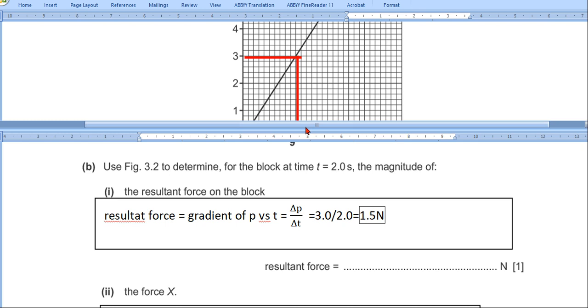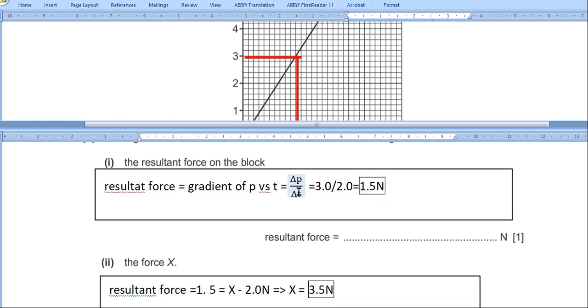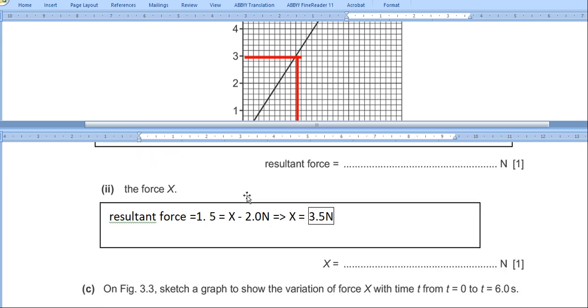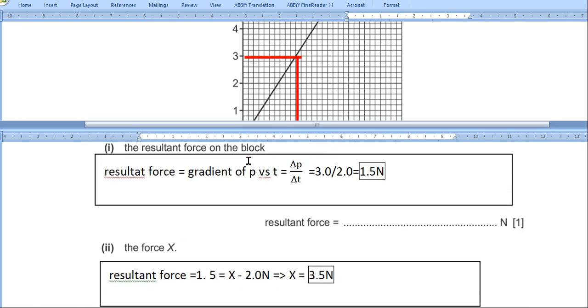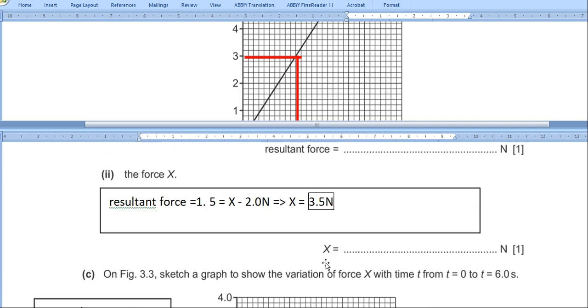So we find the gradient and we get 1.5 newtons. So change in momentum over time taken, the resultant force, because this is the resultant force, equals 1.5, but we have also friction, so the force F equals 3.5 newtons.